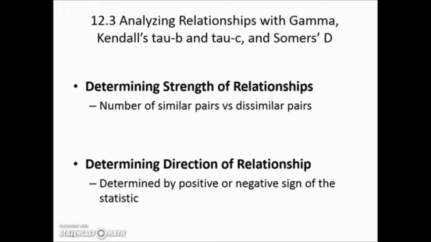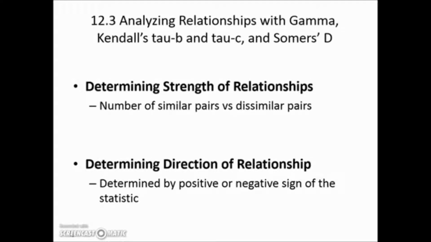Gamma, Kendall's tau-b and tau-c, and Somers' d measure the strength of association between variables by considering the number of similar versus dissimilar pairs. When there are an equal number of similar and dissimilar pairs, the value of these statistics will be equal to 0, indicating no association between the independent and dependent variables.